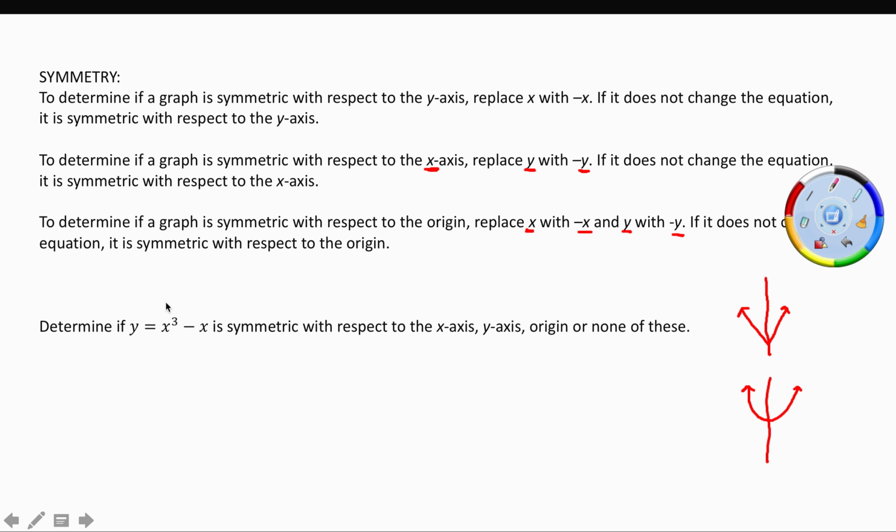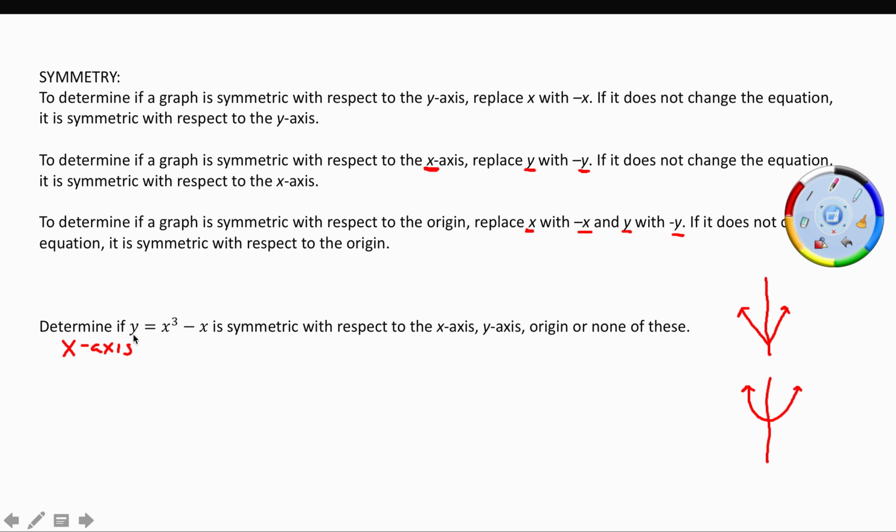Determine if this equation is symmetric with respect to the x-axis, the y-axis, the origin, or none. So first of all, I'm going to check x-axis symmetry. I had y listed first here. I'm going to replace y with negative y.